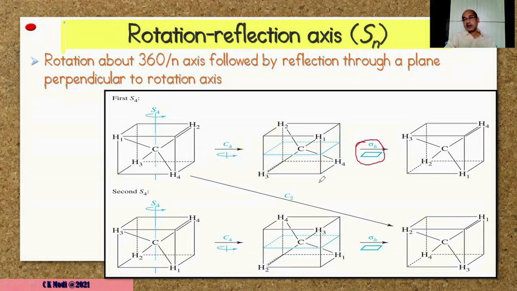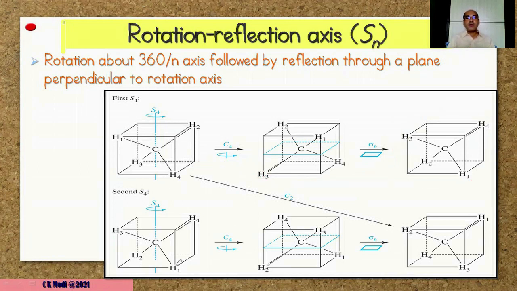So after performing the second operation, putting a mirror plane perpendicular to the rotation axis, we get the new positions of all four hydrogens, H1, H2, H3, H4. Now compare with the original structure. Both these structures are equivalent. So after performing two operations, rotation about an axis followed by reflection through a plane, we get a new structure which is equivalent to the original structure.